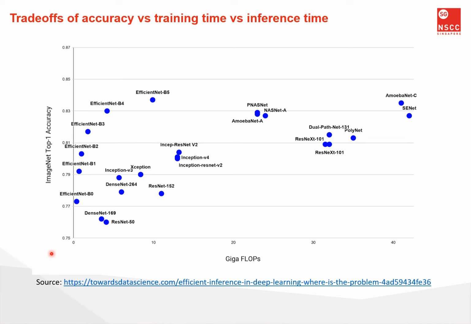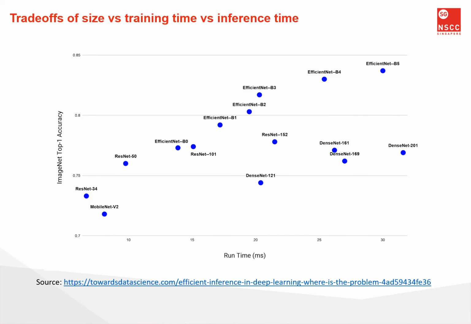So more training time and more flops that you put into the problem translates to an increase in the model performance, a higher accuracy. How about the inference time? On this graph, the vertical axis is again the accuracy, and on the horizontal axis, we have the run time, the time it takes to make a prediction or an inference.